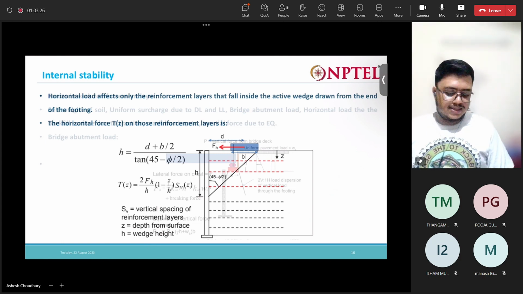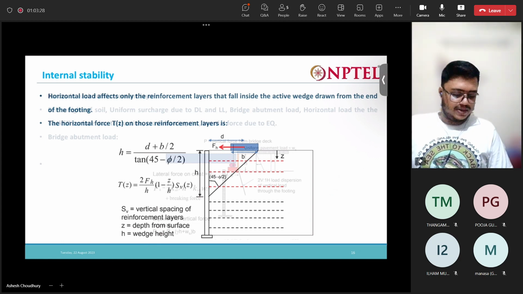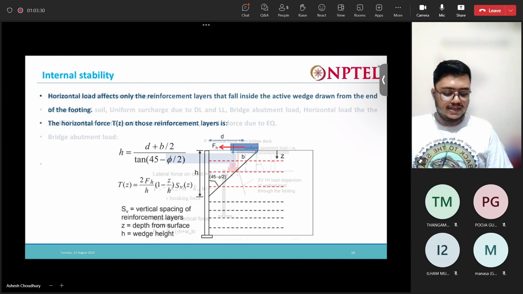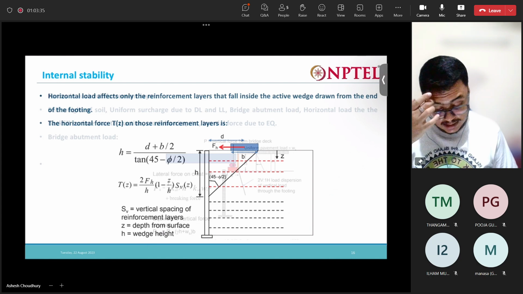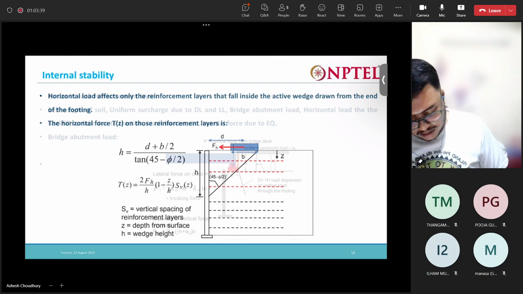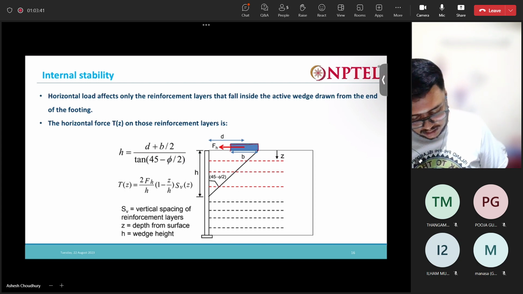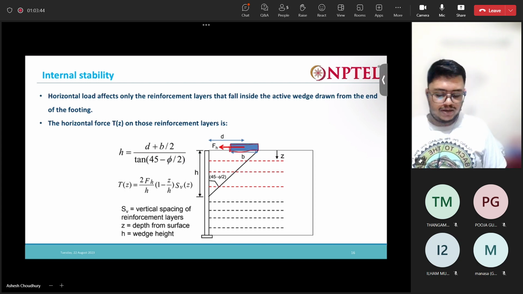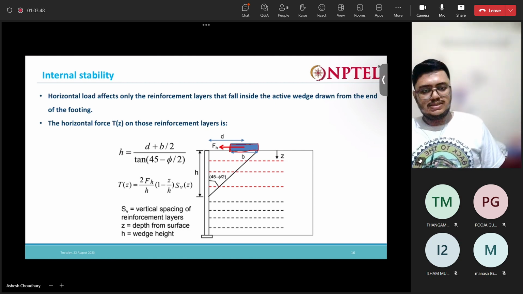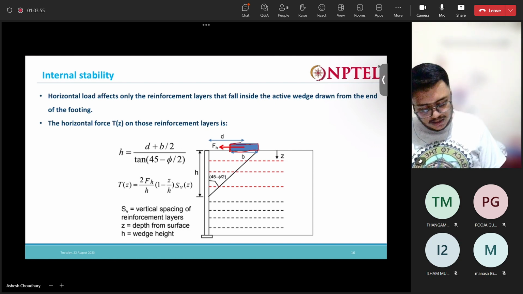Now horizontal loads affect only the reinforcement layers that fall inside the active wedge. Say you have a footing placed over a reinforced soil wall. It is said that the loads that affect the reinforcement layer are the loads only falling in this region.